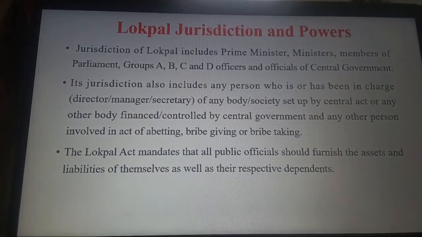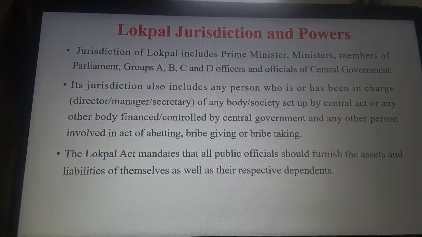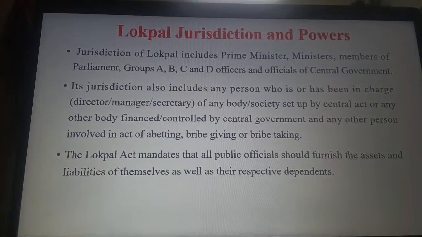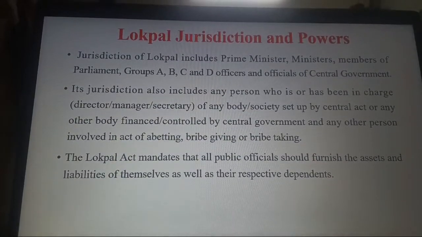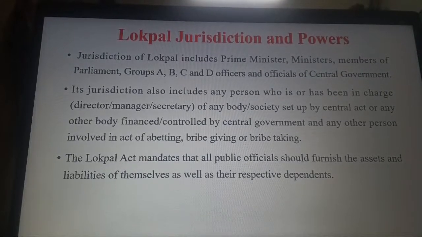The Lokpal Act mandates that all public officials should furnish the assets and liabilities of themselves as well as their respective dependents.